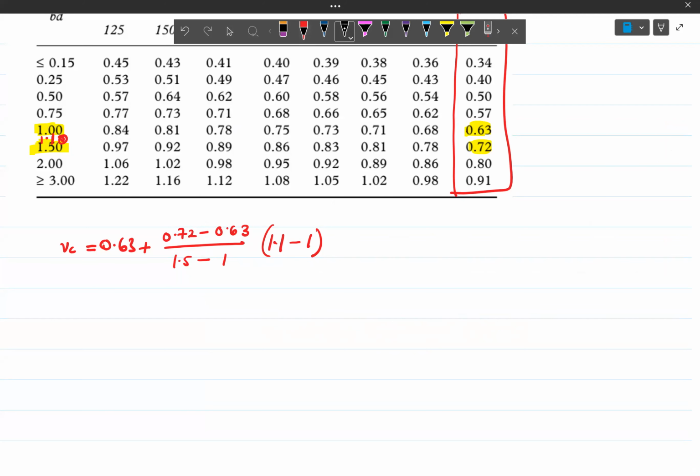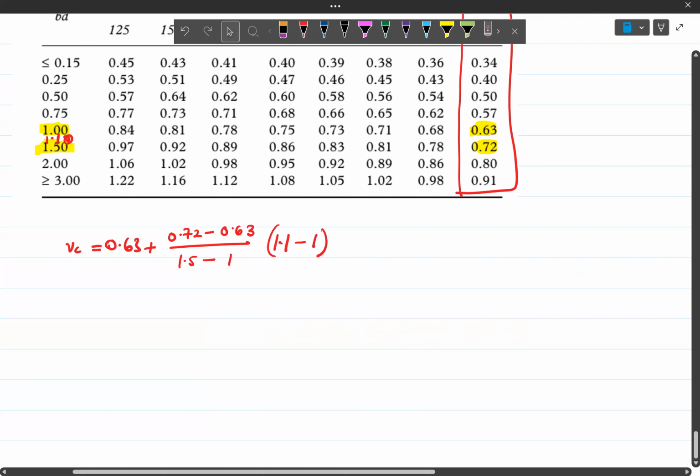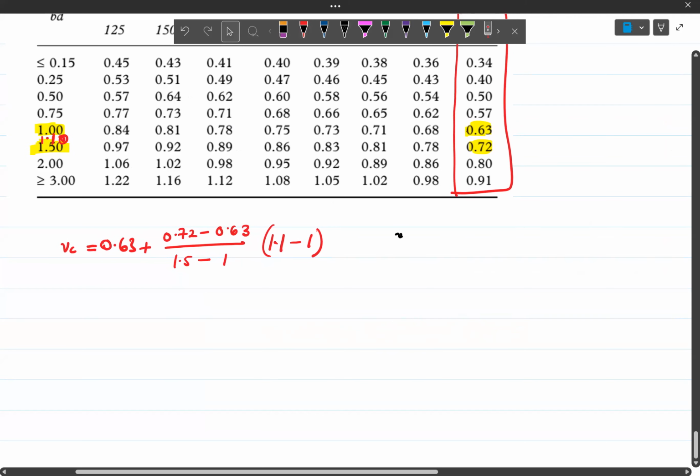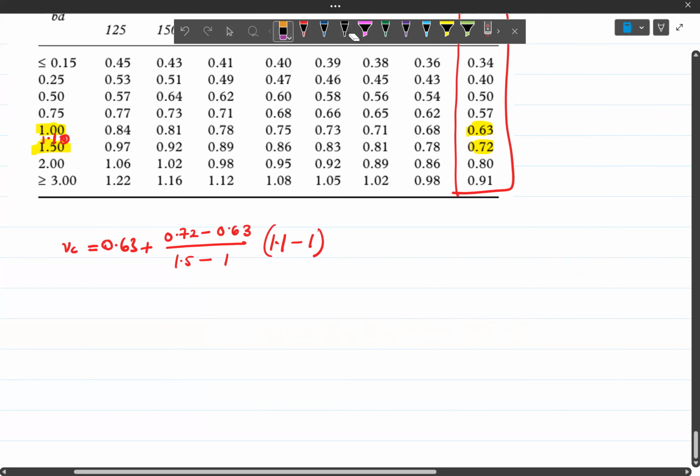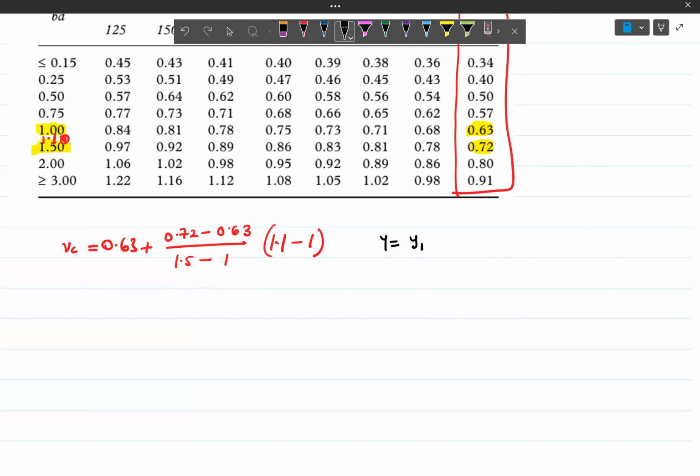All right, so normally your y is equal to y1 plus bracket open y2 minus y1 over x2 minus x1, then x minus x1.